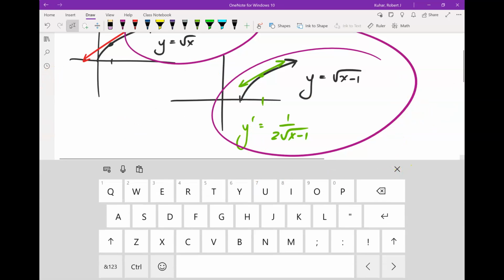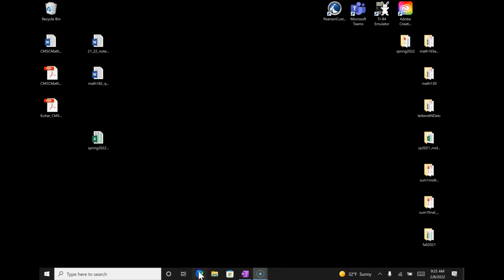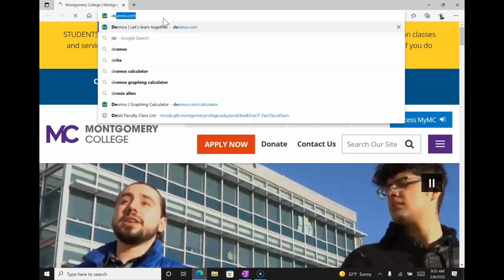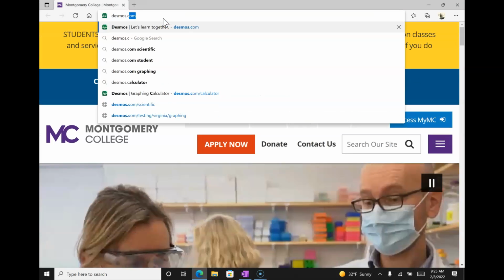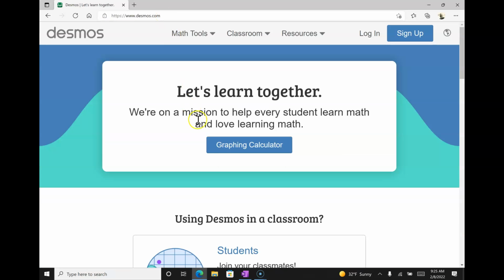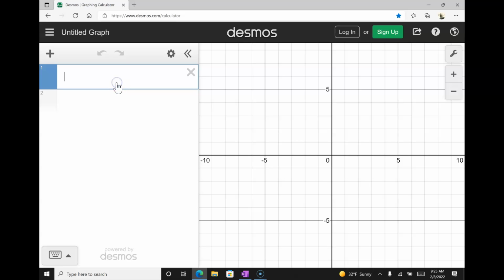So watch what I mean here. So I'm going to say y equals square root of a plus bx.